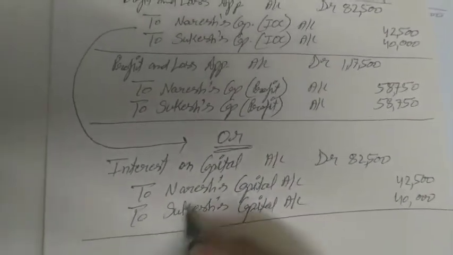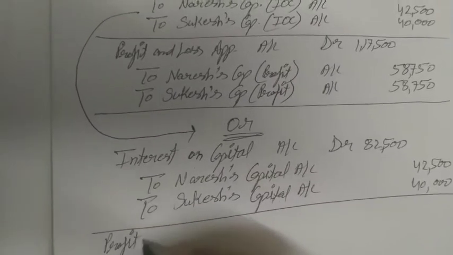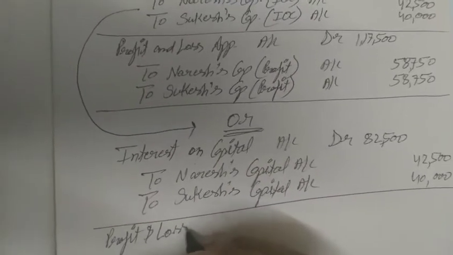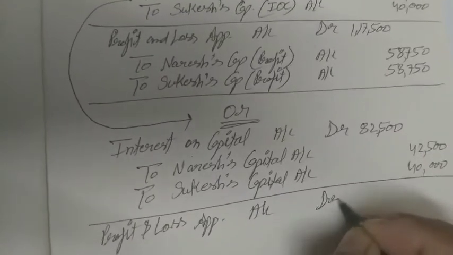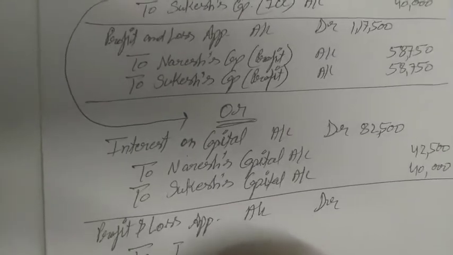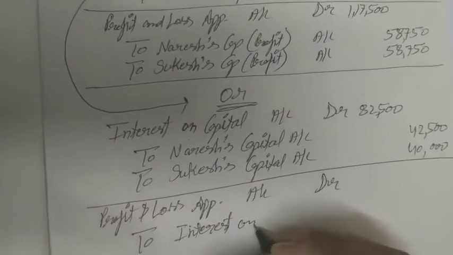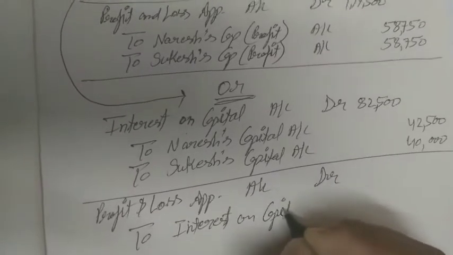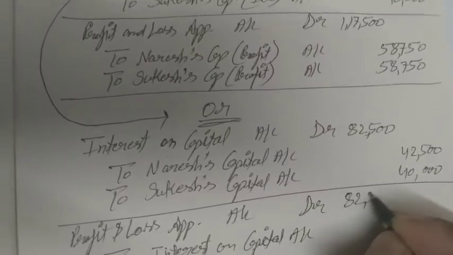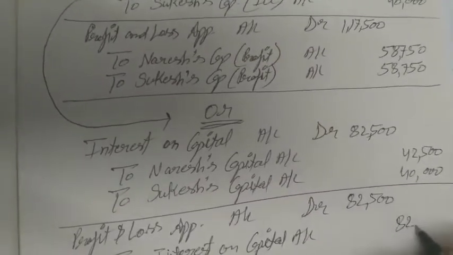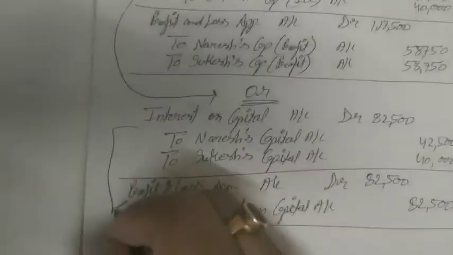And then this interest is transferred to profit and loss appropriations account debit, to interest on capital account, 82,500.